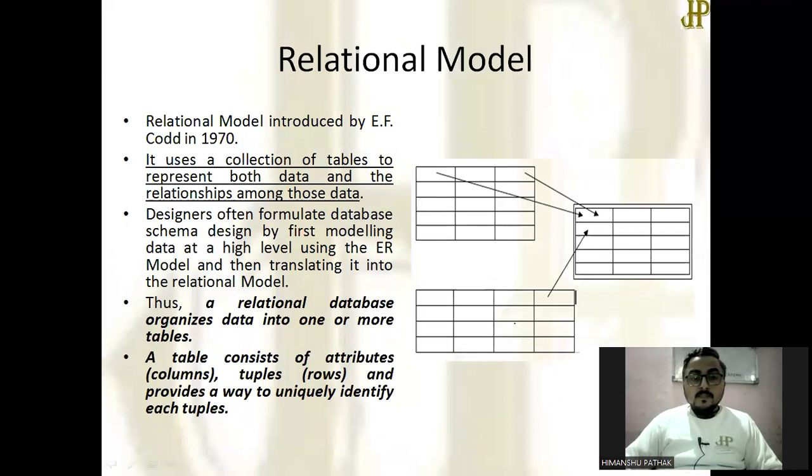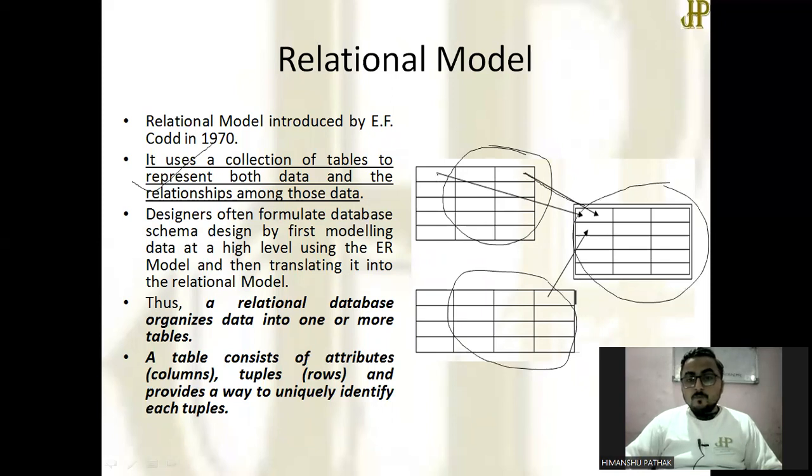Now the last one, relational model. It uses a collection of tables to represent both data and the relationship among those data. One table is this, second this, third this, and these tables are connected to each other.